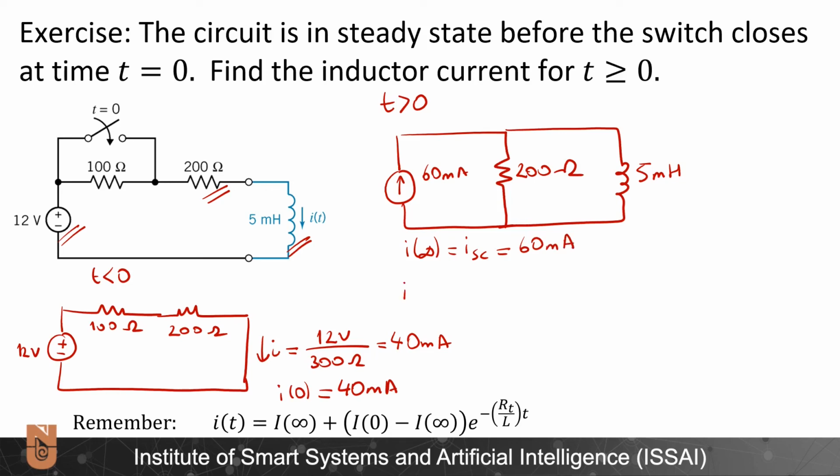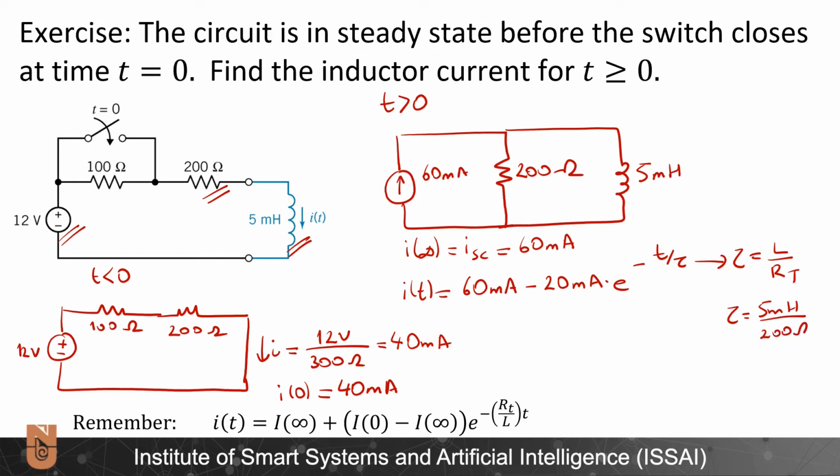Accordingly, I can write my I(t) is equal to I infinity, 60 milliamperes, plus I0 minus I infinity, 40 minus 60 milliamperes, so in a sense minus 20 milliamperes, times e to the minus t over tau. What will be tau? Tau will be equal to L over R_T, therefore 5 millihenries divided by 200 ohms, and accordingly tau will be equal to 25 microseconds.